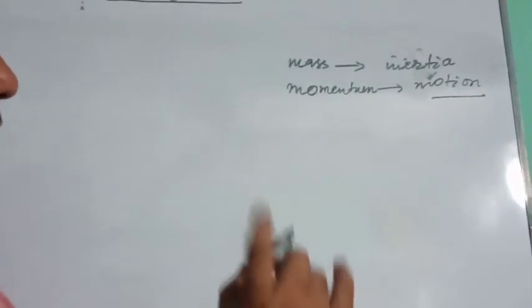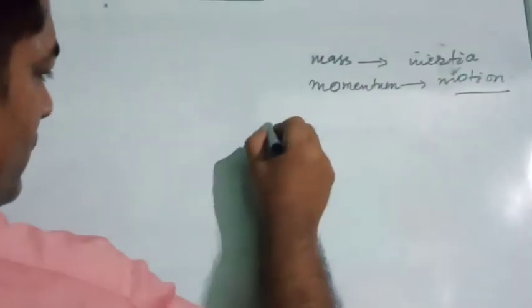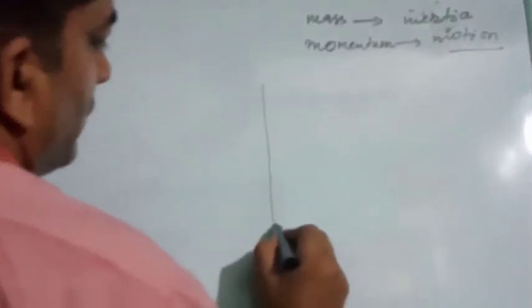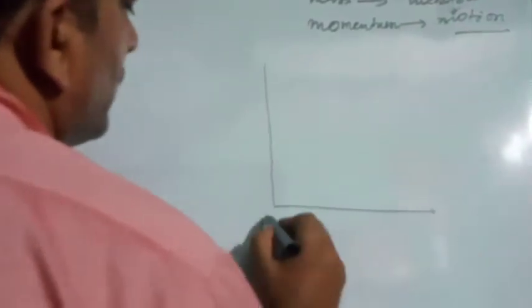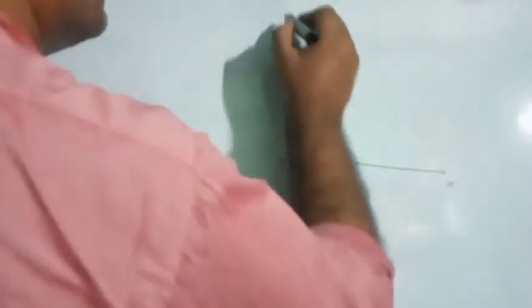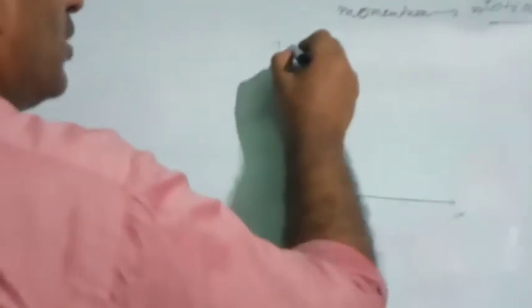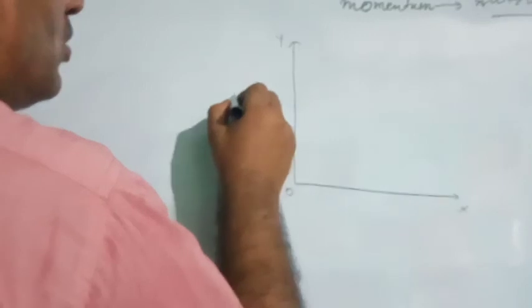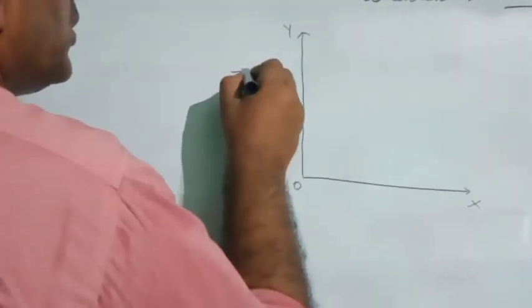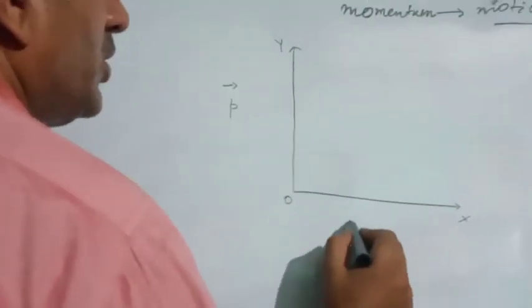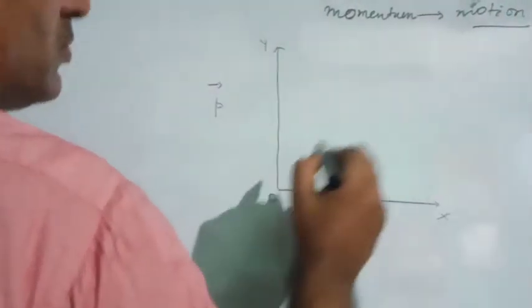If you draw a graph between momentum and velocity of a body, you will get a straight line. Take momentum along the y-axis, velocity along the x-axis.